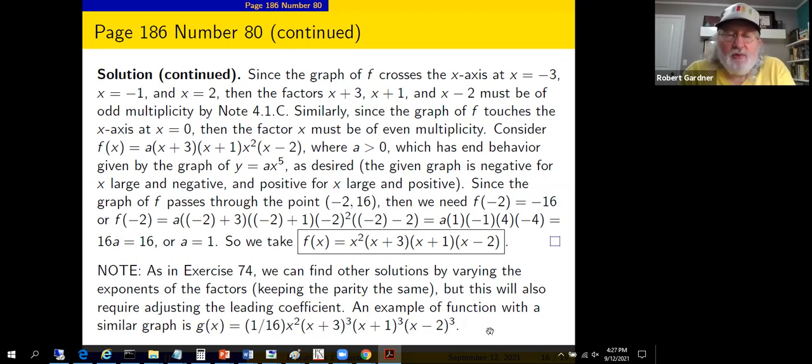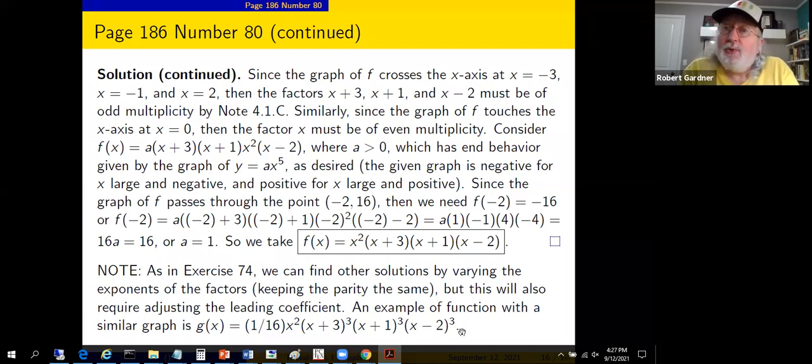But here's an example of another function that will give the same behavior. This function has the correct intercepts and the correct touching and crossing of the x-axis. And if I've done the arithmetic correctly in choosing this leading coefficient, it passes through the point (-2, 16) as well. So there's another possible function. I can't tell you which of these is correct unless you give me more information.